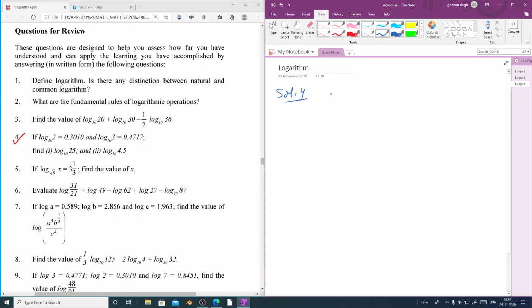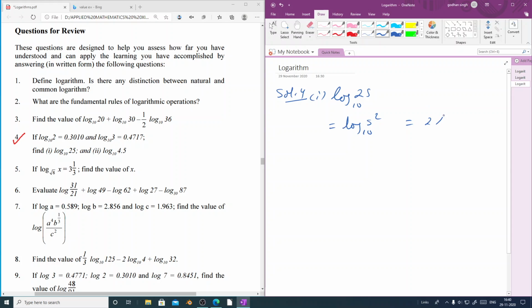So here let us do the first part, log 25 with base 10. What actually we have to do is apply log 2 and log 3. So we can write log 25 as log 5 square with base 10, and that can be written as 2 log 5 with base 10, because this power can be taken outside the log.